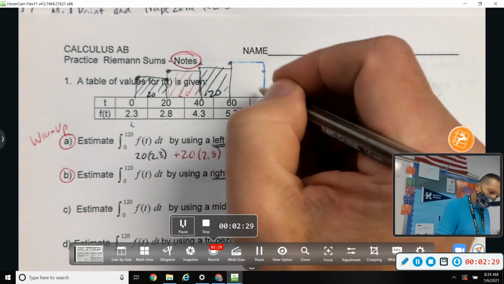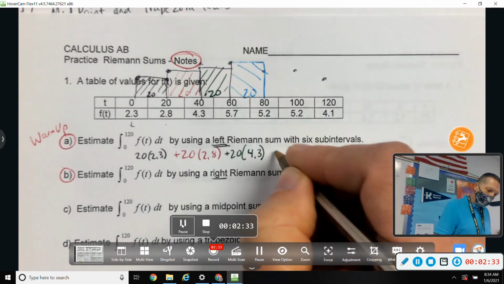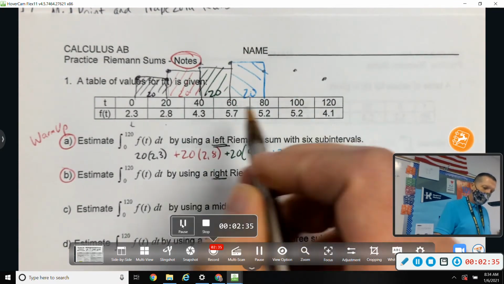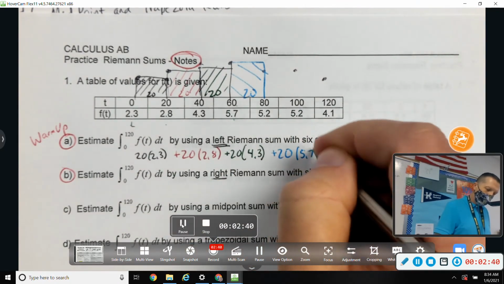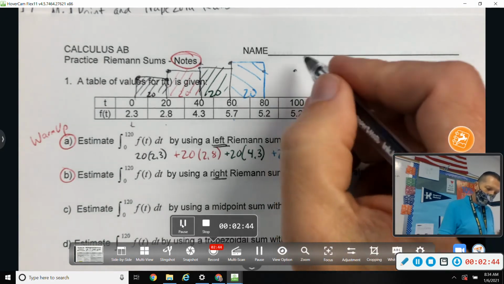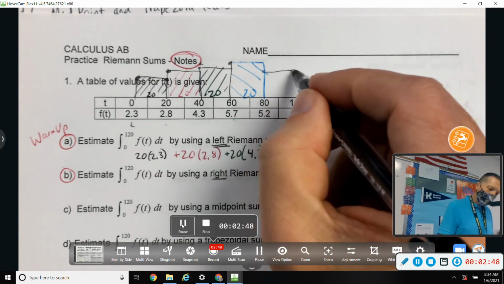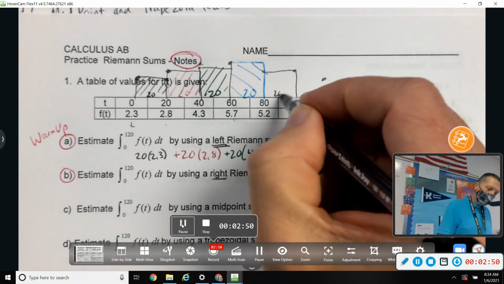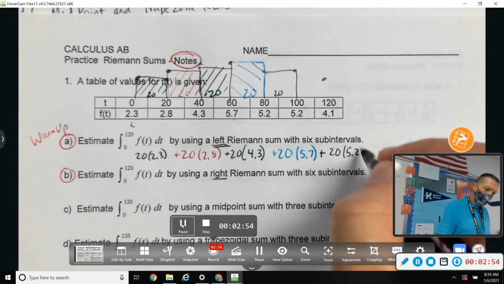The fourth rectangle, 60 to 80, is also 20 wide, and I'll use the left-hand height for it, 5.7. And now I'm just going to switch to not using colors anymore, but the next rectangle is 80 to 100, is 20 wide. The left-hand height is 5.2.